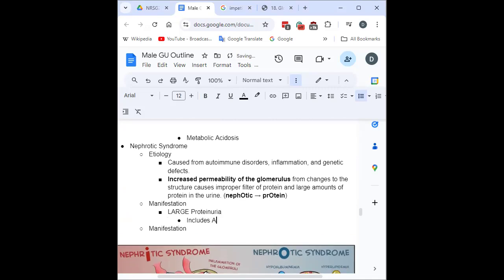And this includes not just albumin, but a few other things that you're losing out on as well, which might be interesting to keep in mind. I don't even know if you guys actually go over this or if this was me being extra.